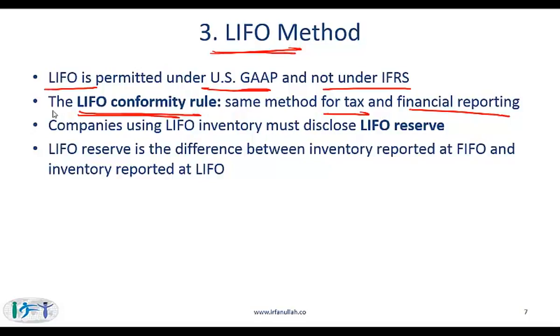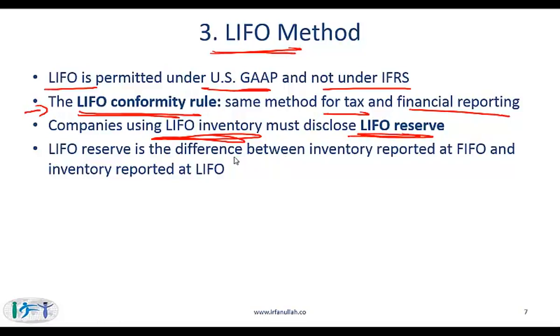Now, in this particular case, if a company wants to reduce its taxes, it can use the LIFO method in the United States because that's where it is allowed. The LIFO method reduces earnings before tax and then reduces taxes. I mentioned this before also. However, companies which use the LIFO method must also disclose something called the LIFO reserve.